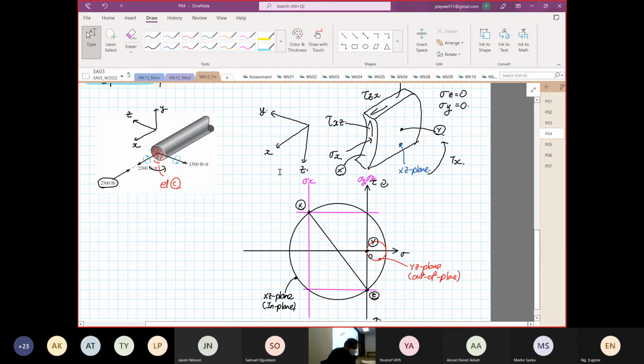Okay. And finally, our last circle over here. This is our XY plane.